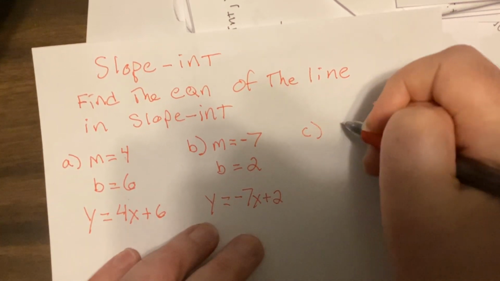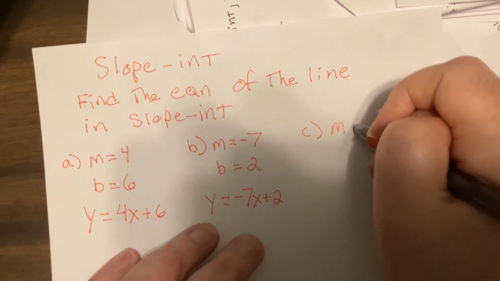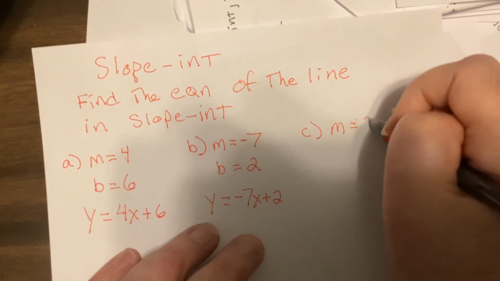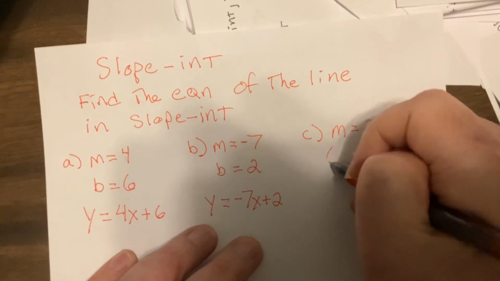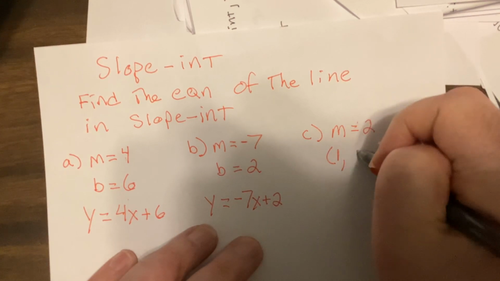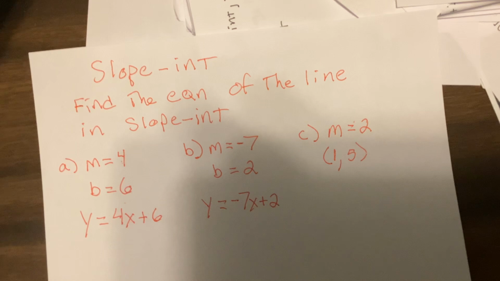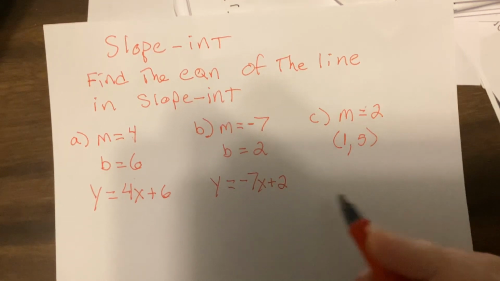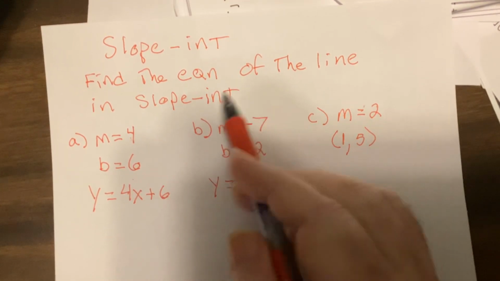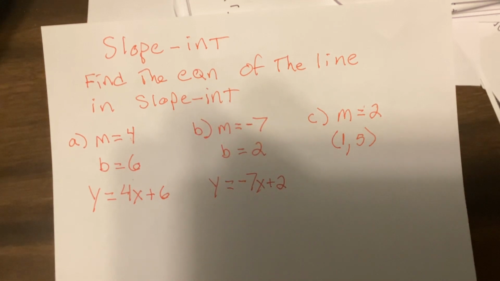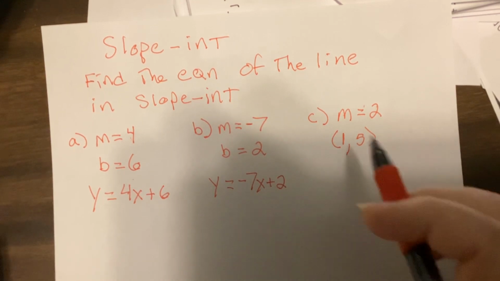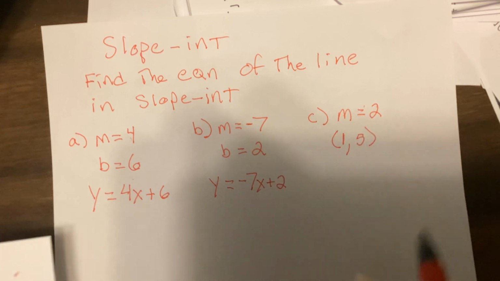C. What if I'm given the slope, let's say 2, and a point on the line, 1, 5? And I want to find the equation of the line in slope-intercept form. I'm given a point and a slope.